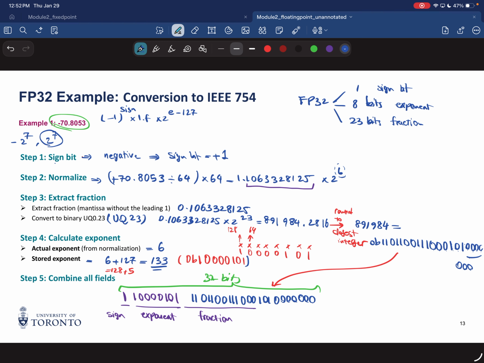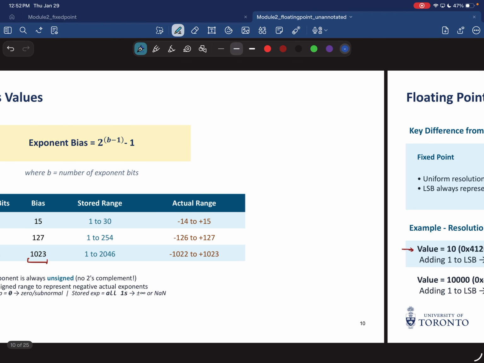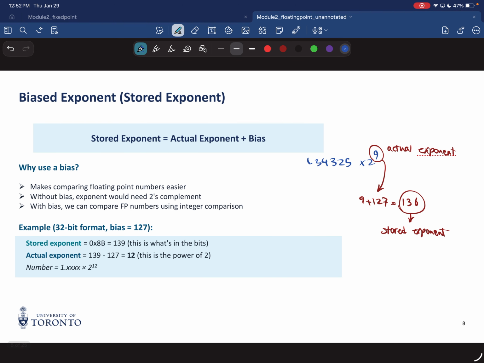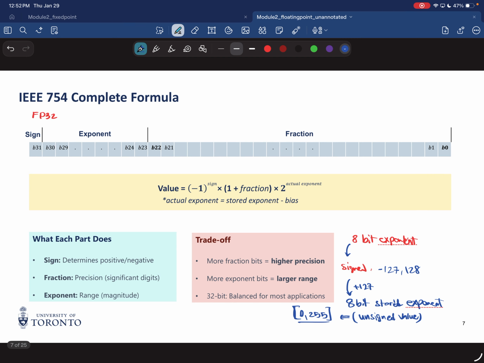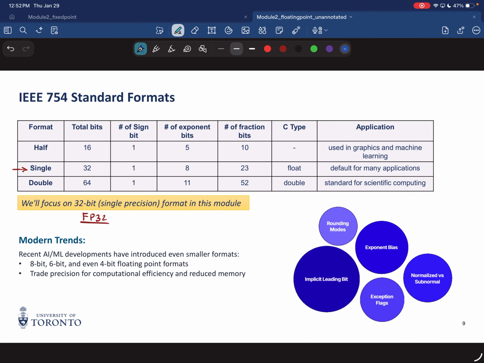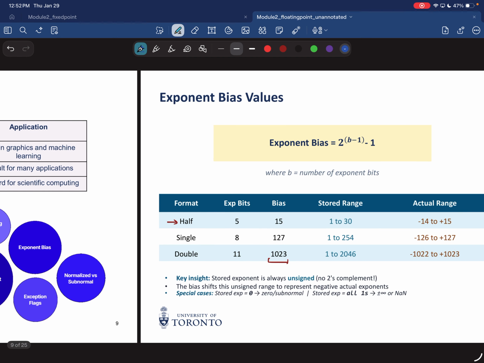Because for floating point, I'll show you the range. The range here is going to go up exponentially, because every bit you add to the exponent, like the 8 bits that you get... remember that the exponent can go from... look at it here.